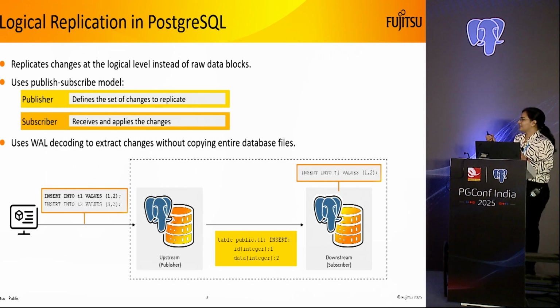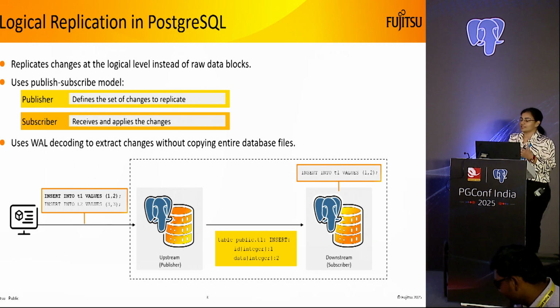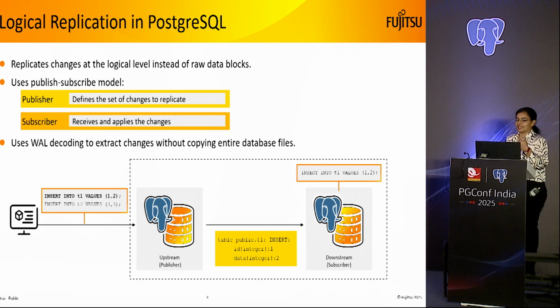I will not go deep into logical decoding because that itself is a big topic. But here you can see an example of a typical logical replication setup where upstream is the publisher and it is publishing all the changes for the T1 table, and the downstream node is subscribed to all the changes for the T1 table. Now let's say writes are happening on the publisher node on T1, T2, T3 tables, many writes can happen on any table, but the publisher node can filter out the changes which the subscriber needs, that is T1.